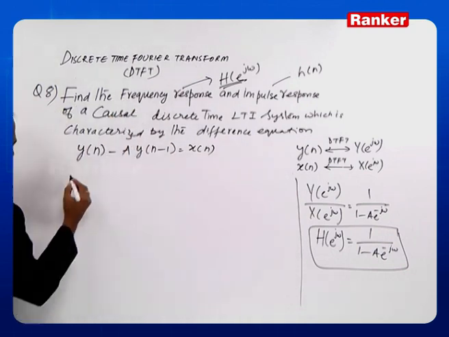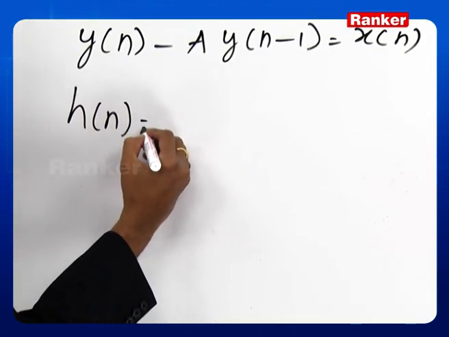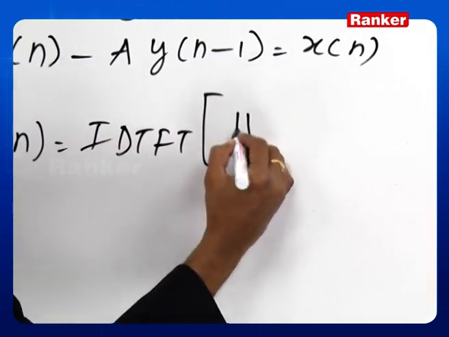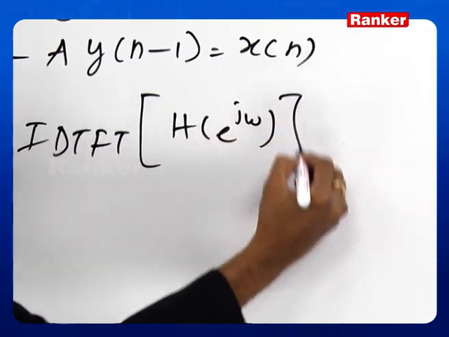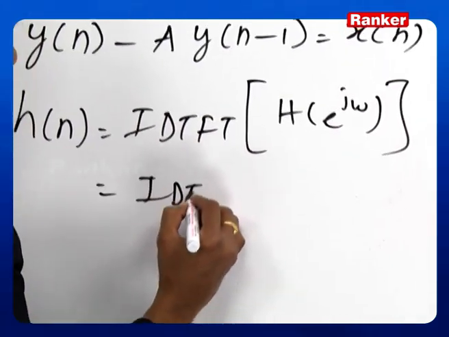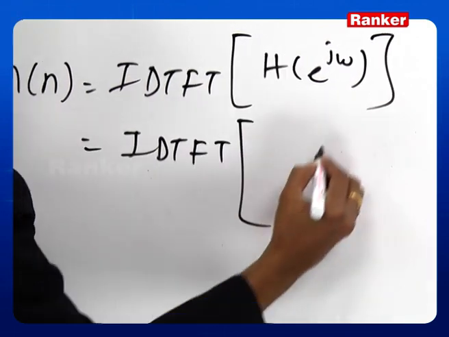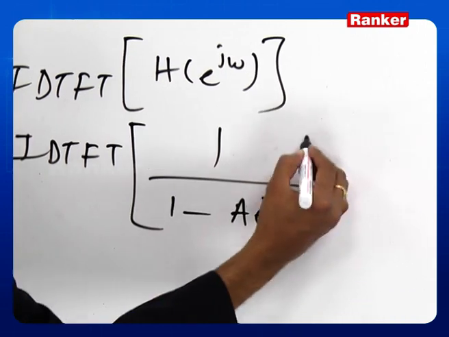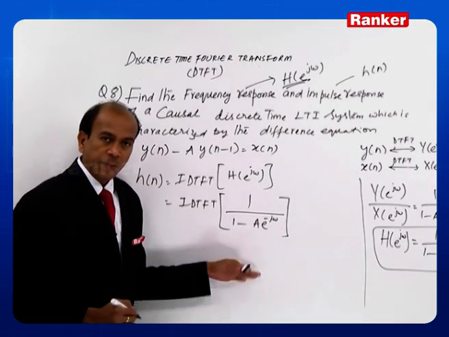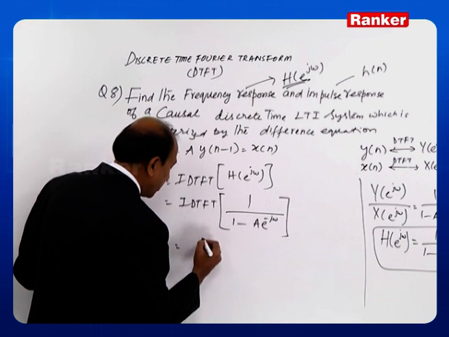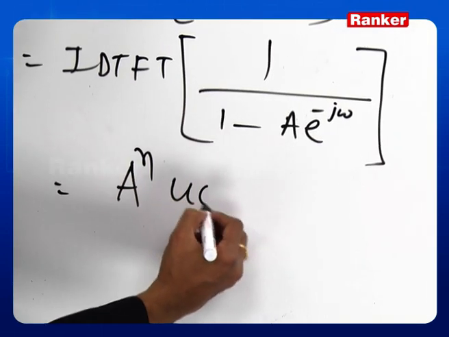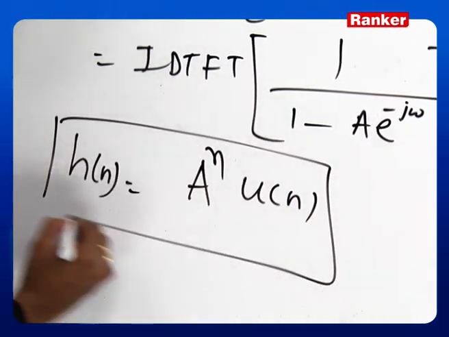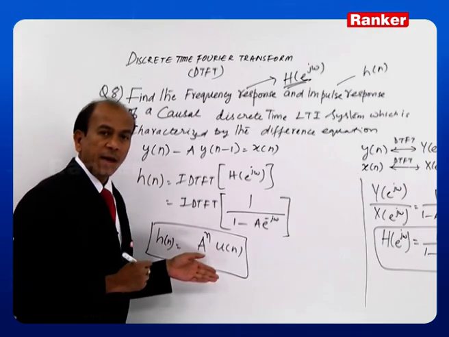So, h of n is nothing but the inverse discrete time Fourier transform of H of e to the power of j omega, which is 1 by 1 minus a e to the power of minus j omega. This is nothing but equal to a to the power of n u of n. This is my h of n. This is my impulse response.